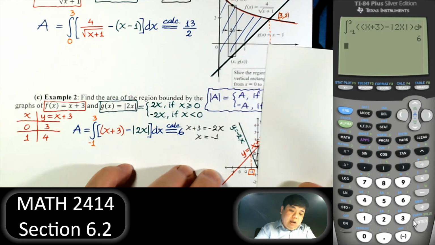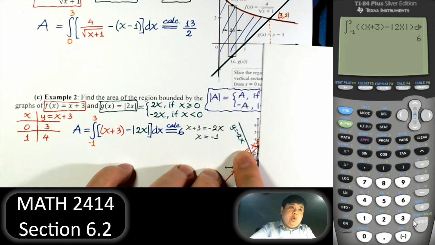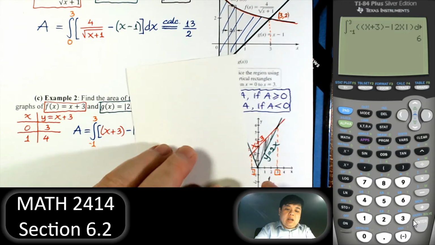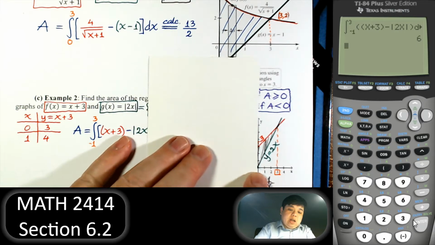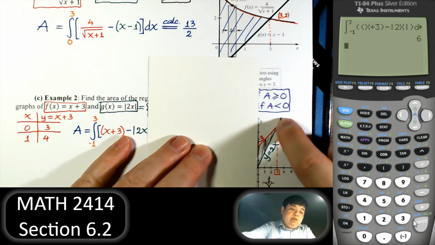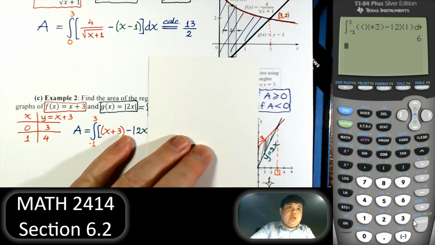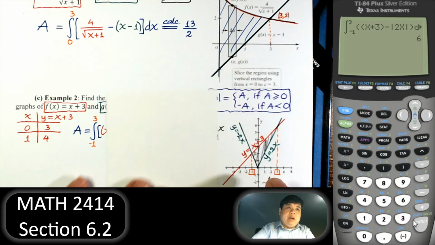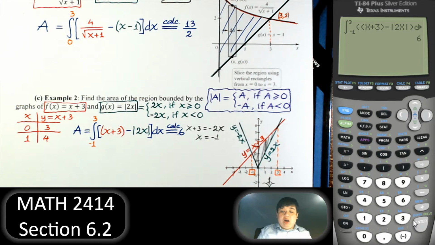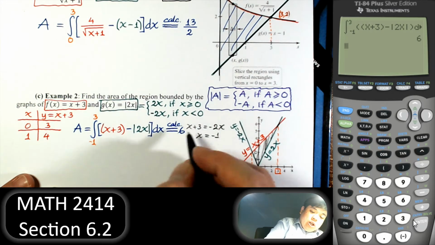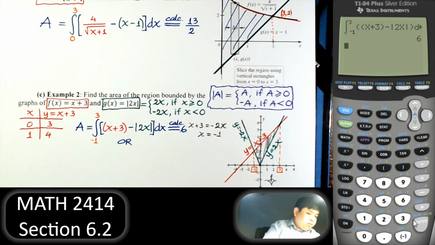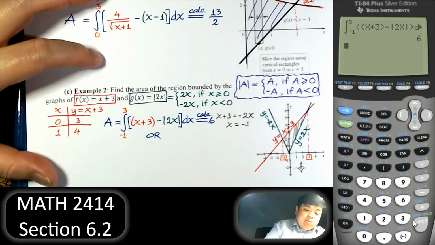From -1 to 0, the function below is -2x, whereas when x goes from 0 to 3, the function below is 2x. Because there are two boundaries at the bottom, we need two integrals. So either we do this, which is not very practical because of the absolute value.